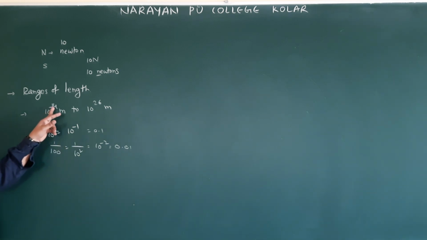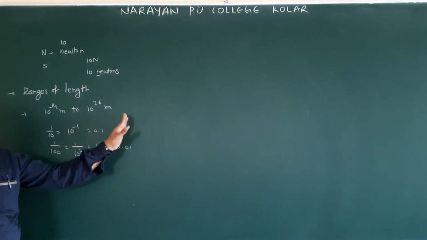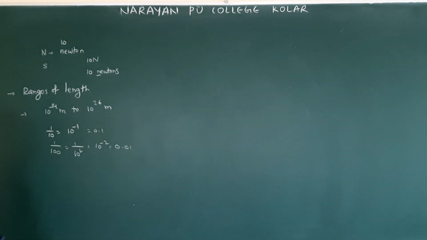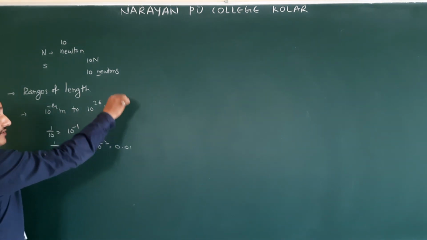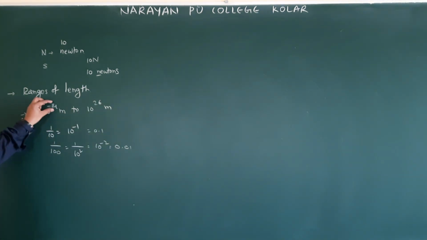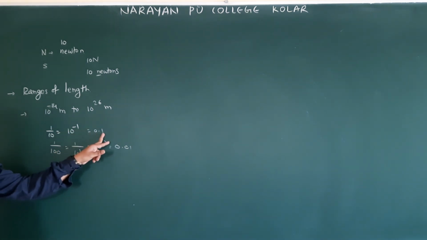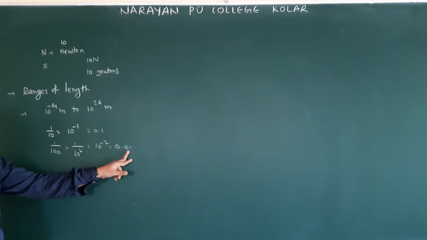Like that, 10 power minus 14 means almost 14 decimal places. Whenever there is a minus, that is a small value, you should remember. So 0.00, 13 zeros and 1, therefore in total you will get 14. So 10 power minus 1, 1 decimal place; 10 power minus 2, 2 decimal places.